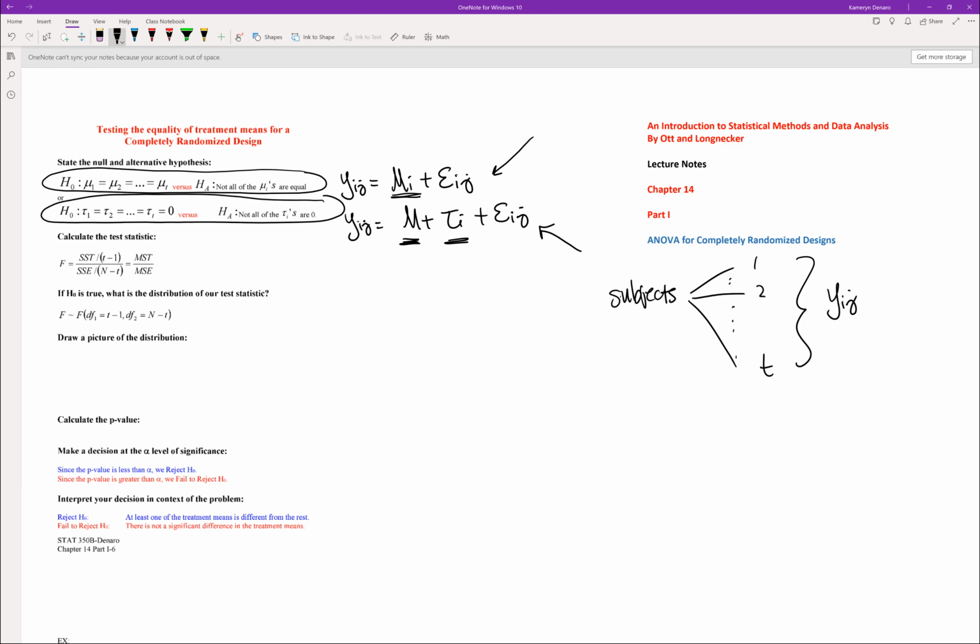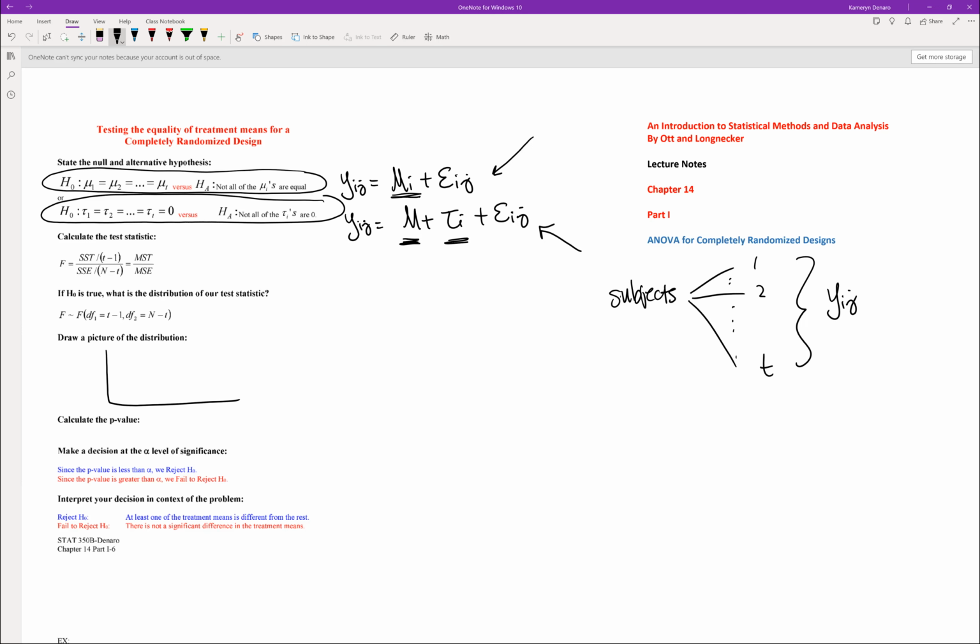Now, if the null hypothesis is true, that's essentially saying the treatment effect is no different than random error, right? So your test statistic will follow an F distribution where the degrees of freedom in the numerator are t minus 1 and the degrees of freedom in the denominator are n minus t.